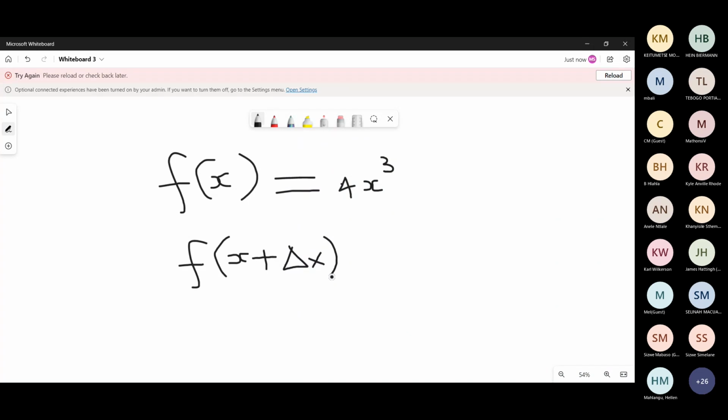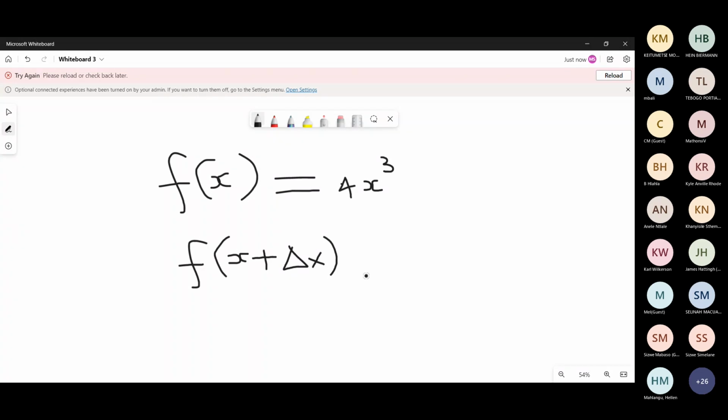Assume the price changes by the quantity delta x. x is the price and f is the quantity, for instance. So you want to understand the effect of that change in the price on the quantity, on the demand, for example.